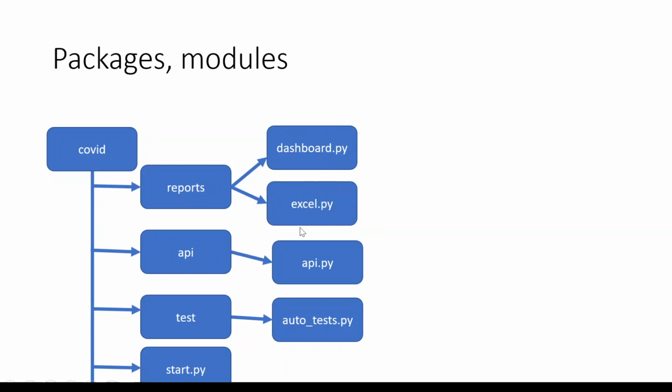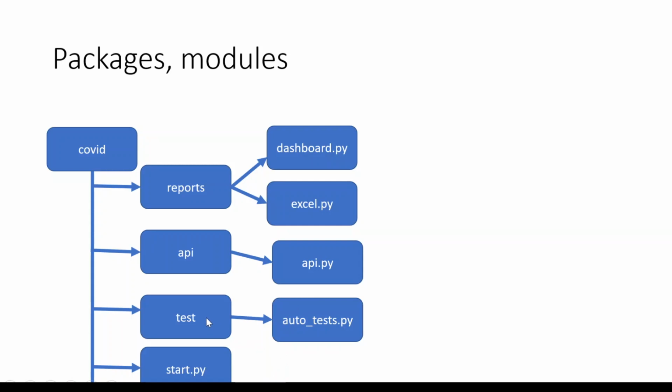And excel.py takes care of maybe generating an Excel sheet from a database, or from something we process. That is about this file. And then maybe there is a file called api.py. This has all the functions and logic which will expose the API, and others can make use of it.